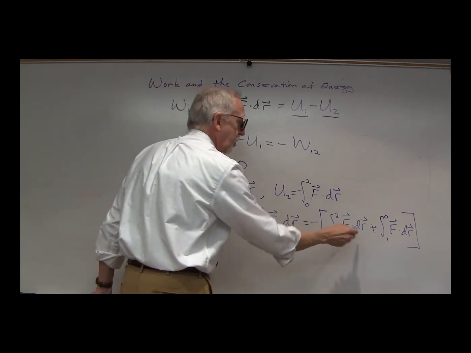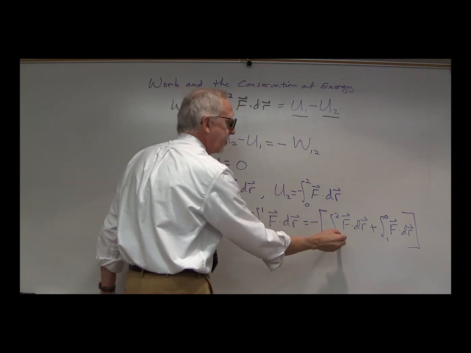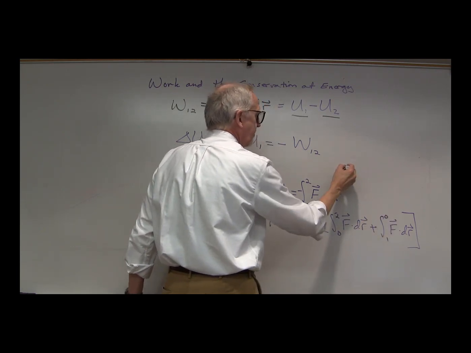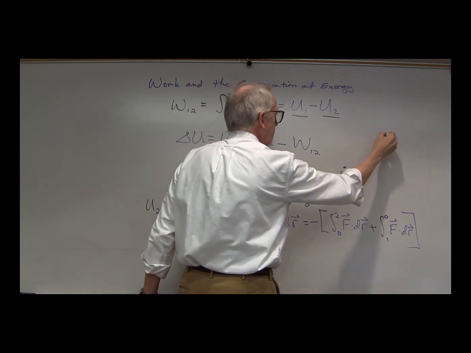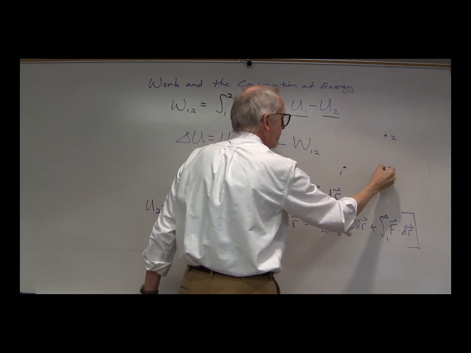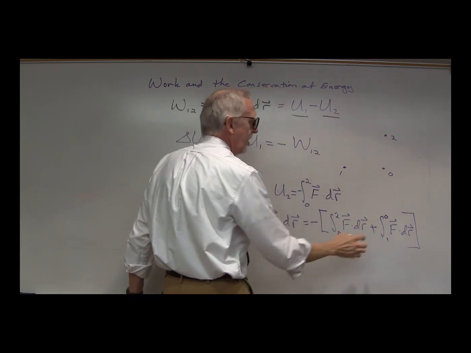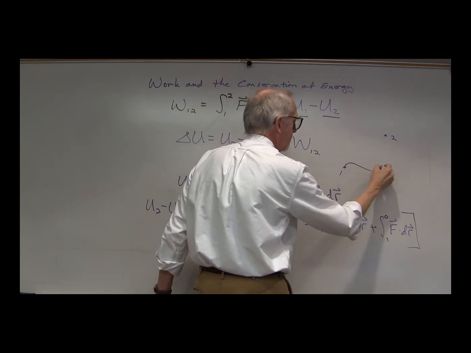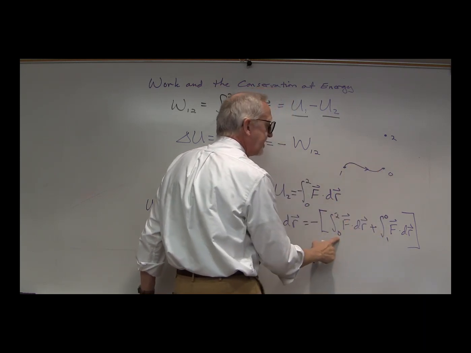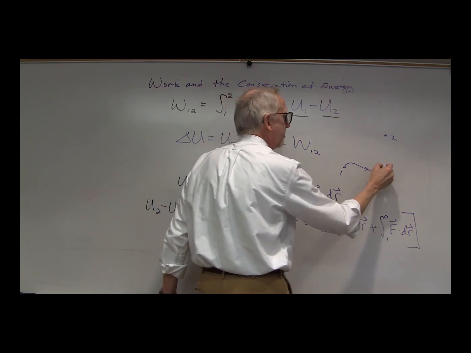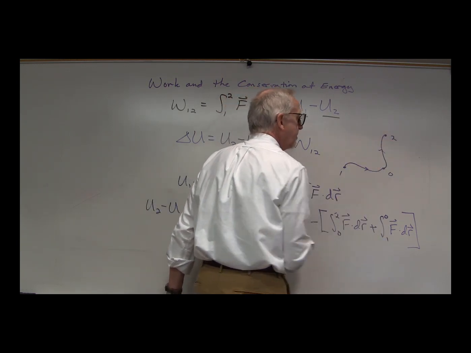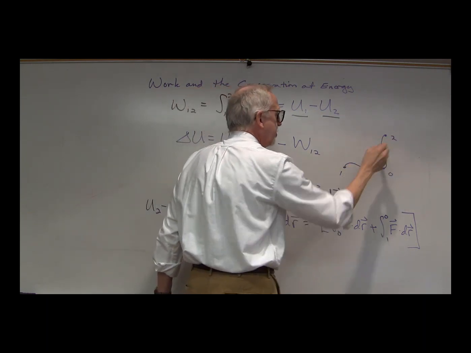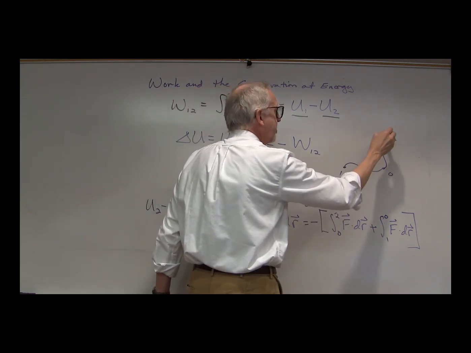Now, let's look at this. We've got an integral from 0 to 2 and an integral from 1 to 0. With point 1 here, point 2 here and some point 0 over here, this is an integral from 1 to 0, and then an integral from 0 to 2. So what are we really doing? We're going from 1 to 0 to 2. In other words, we're going from 1 to 2.